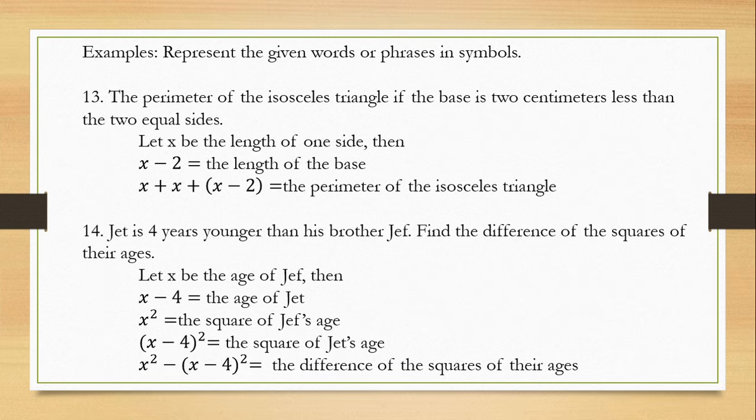And then the perimeter is x plus x plus the quantity of x minus 2. Because an isosceles triangle has two equal sides, so x for both.